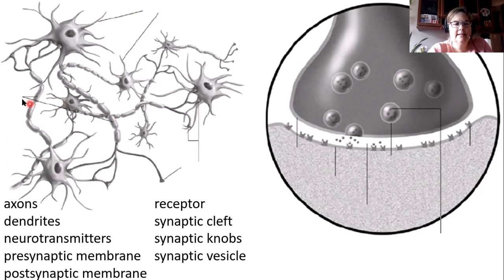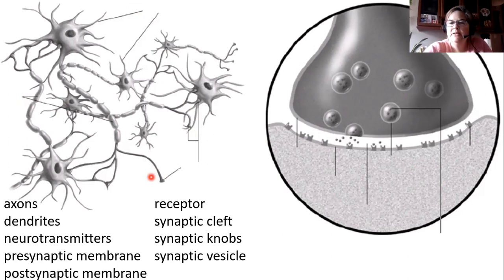So look at the word list. Okay, we're looking at axons. And looking at our word list, what are these guys? Synaptic knobs. All right.